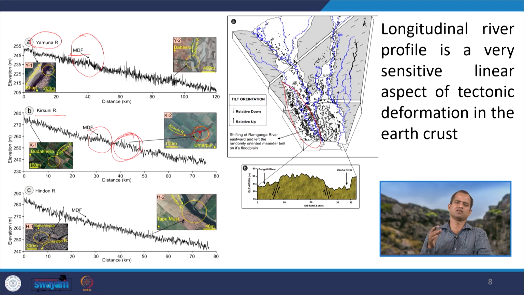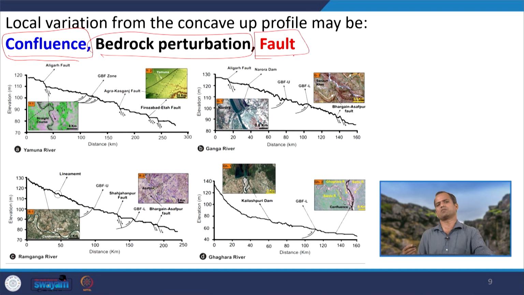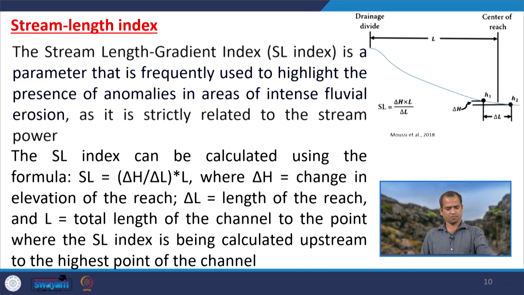It is found that the more populous the oxbow lakes, the more they indicate very recent abandonment of this plain, and gradually it fades out with time. As we have discussed, the confluence, bedrock protrusion and fault systems provide local convexity to this ideal concave up longitudinal profile of rivers.